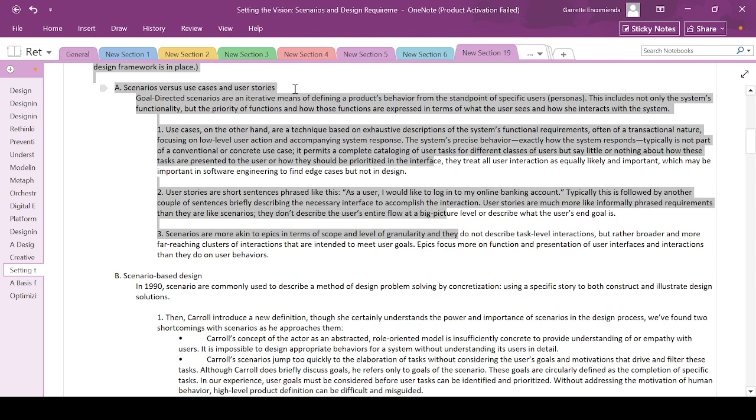So a goal-directed scenario is actually an iterative process from the standpoint of the persona, which came from goal-directed research. This includes not only the system's functionality, but the priority of functions and how those functions are expressed in terms of what the user sees and how she interacts with the system.